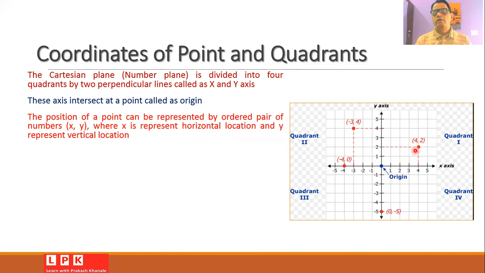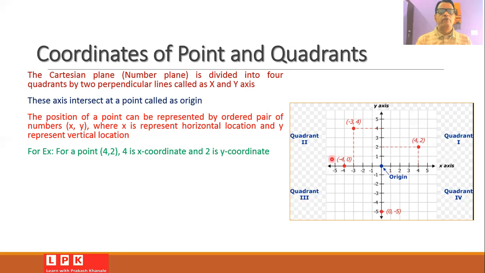For example, when I consider this point, one can easily observe that the horizontal location is 4 and the vertical location is 2, and therefore the coordinates of this point are (4, 2). So for the point (4, 2), 4 is the x coordinate and 2 is the y coordinate.